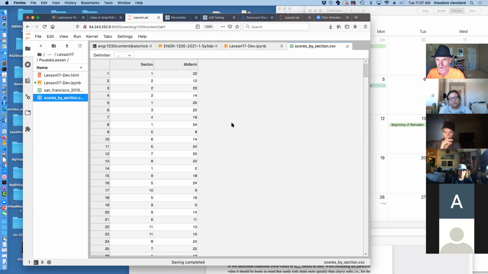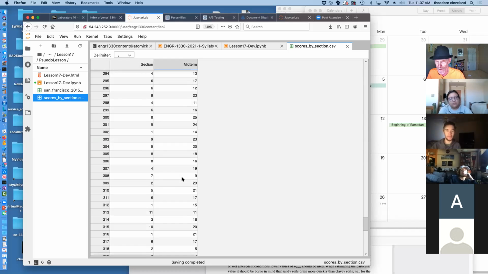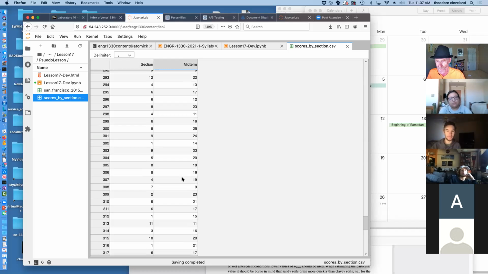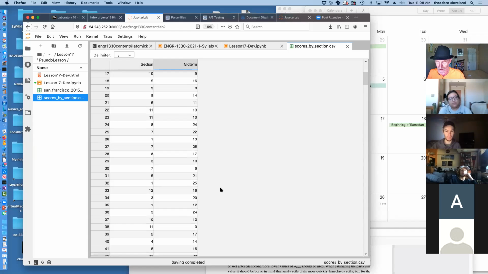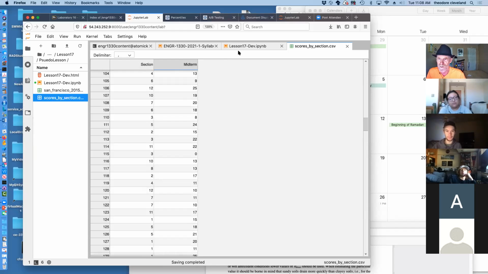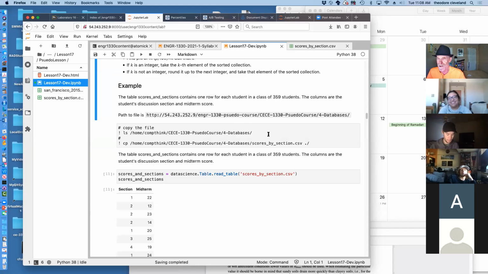So here's scores by section. So section 1, section 2, section 3, section 4, 5, 6, and we have various scores. So you were asking what your scores were on the first midterm. They range between 0 and 24, although these are not your midterm. I'm just doing that to, again, regain your attention.